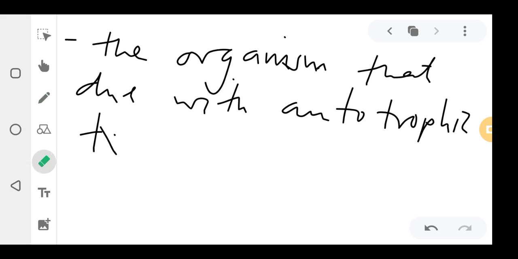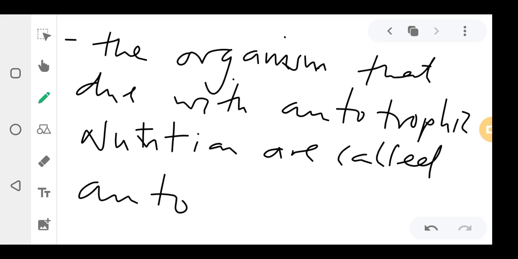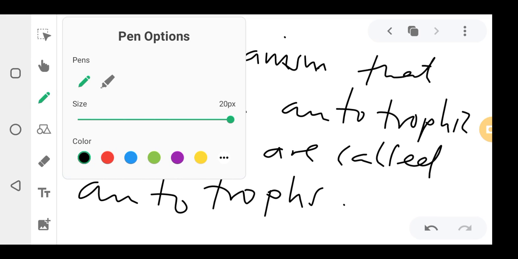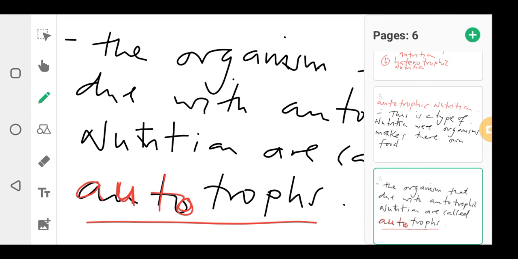The organisms that deal with autotrophic nutrition are called autotrophs. These are the organisms that deal with autotrophic nutrition. So the organisms that deal with this type of nutrition are called autotrophs. Okay?